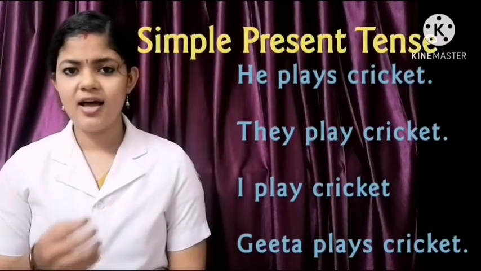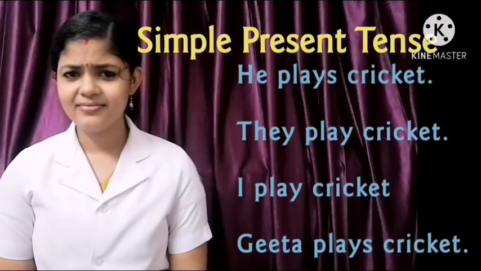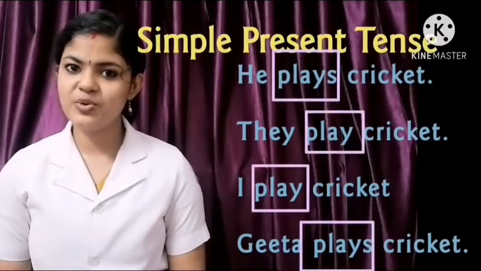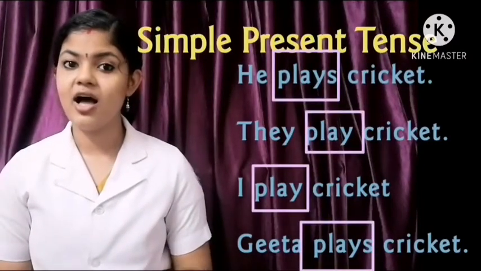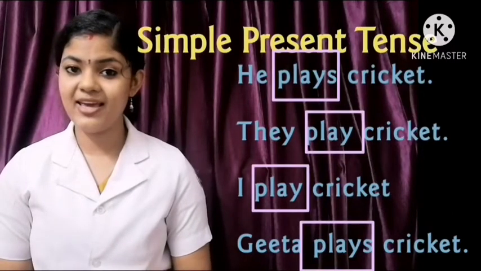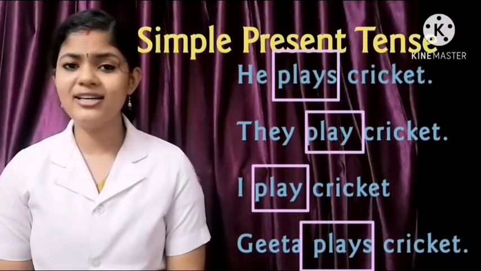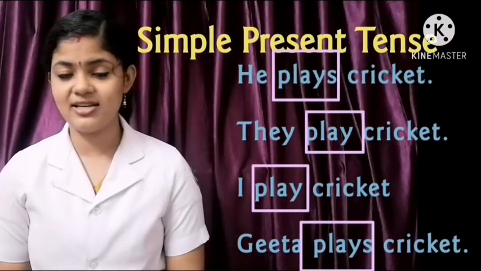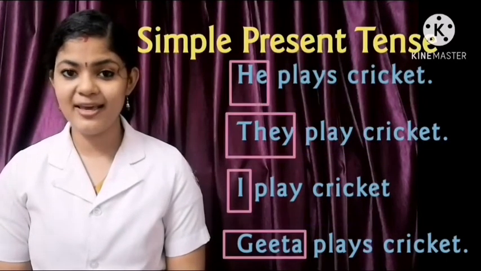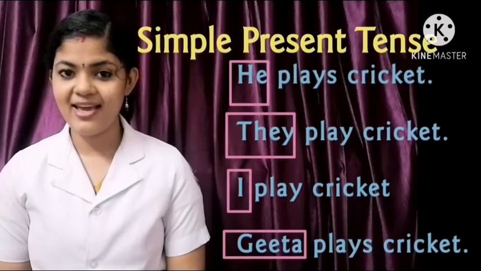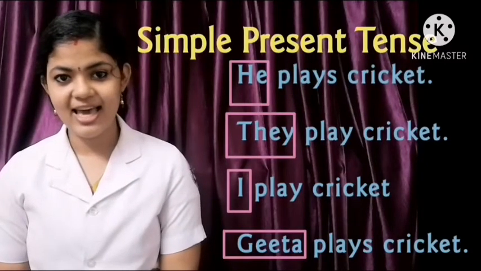And how can we understand that? Through the verbs used in these sentences, like plays, play, play, and plays. And what are the subjects in these sentences? He, they, I, and Geeta.